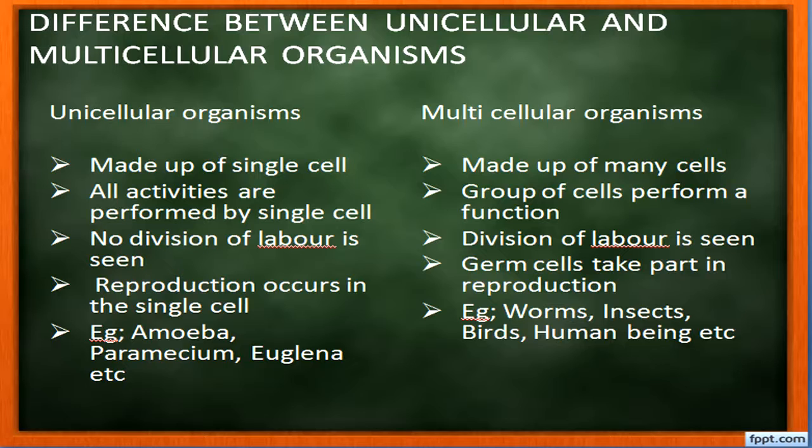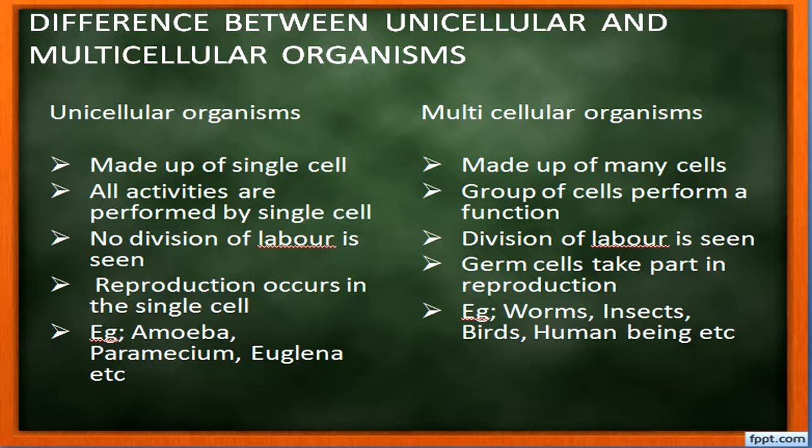Whereas in multicellular organisms, different organs and different tissues take up the work and do it individually, so that the entire work of the organism is shared. That is why we say that division of labor is seen in multicellular organisms.